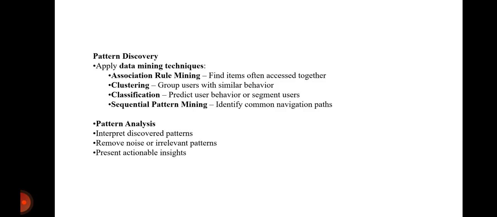Metrics like support, confidence and lift are used to evaluate the strength and significance of these rules and algorithms. That is, finding items often accessed together is nothing but association rule mining.